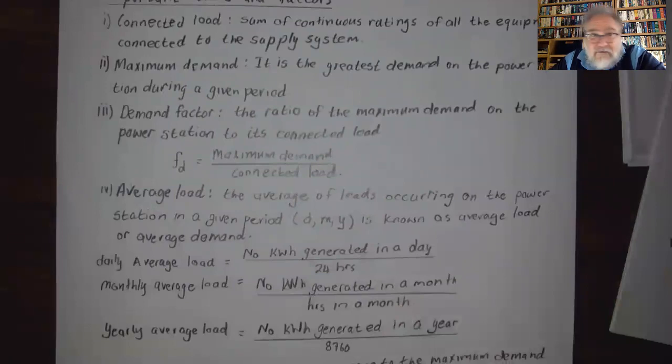Now the average load: the average of loads occurring on the power station in a given period, which can be in a day, month, or a year, and that is known as the average demand. Daily average load is the number of kilowatt hours generated per day divided by 24 hours.